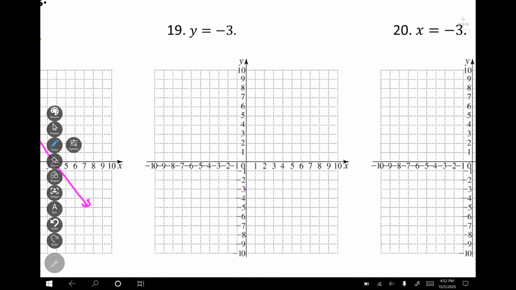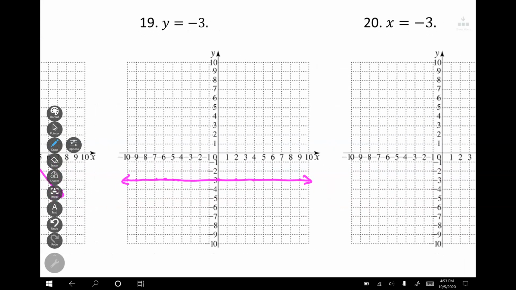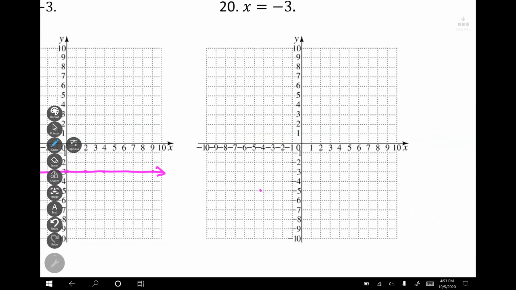So here's y equals -3 and x equals 0. Here's another point where y equals -3, and here, and here, and here. All the points on this line. So the line y equals -3 is this horizontal line. Okay, so every time you graph a line that's y equals, it's going to end up being horizontal.